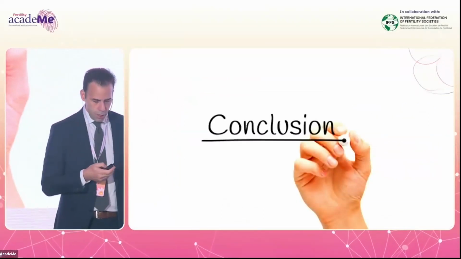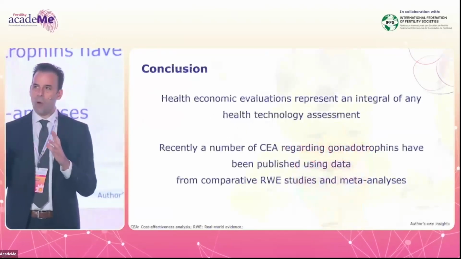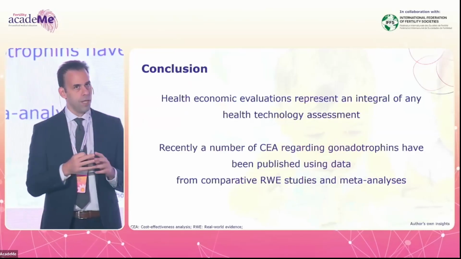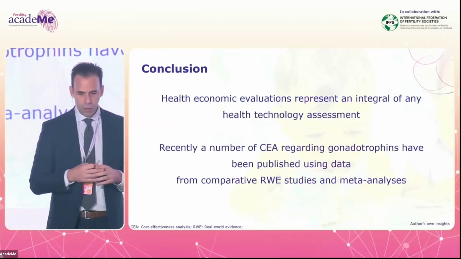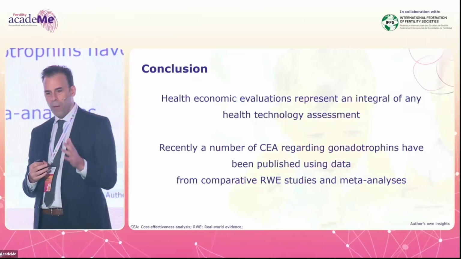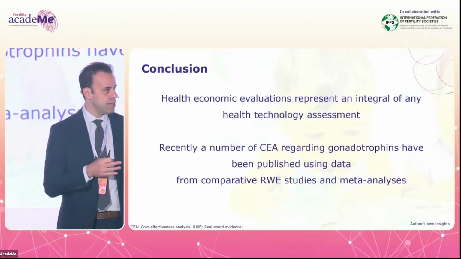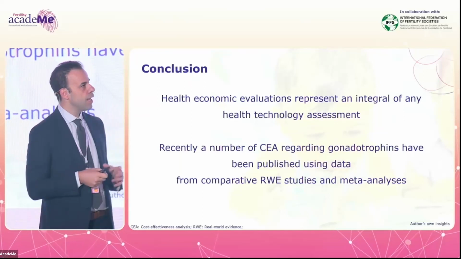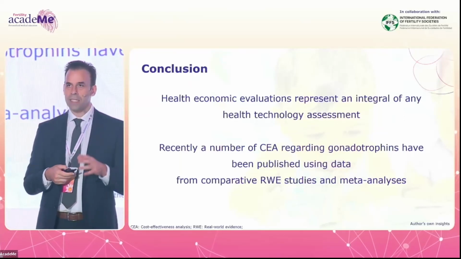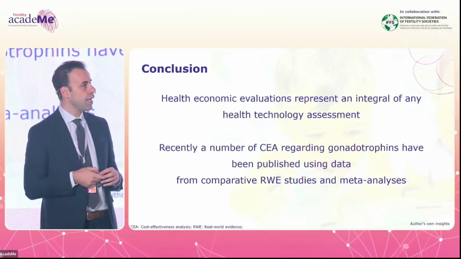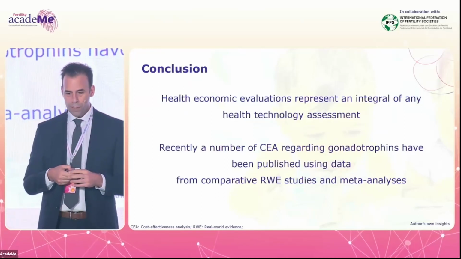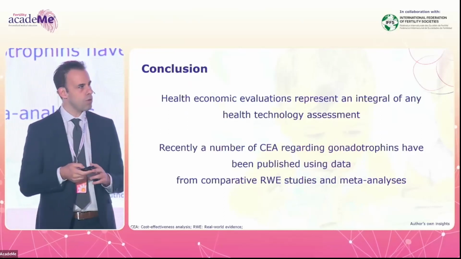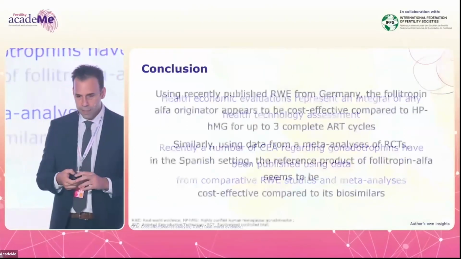So to conclude, these were just two examples of how health economic evaluations can inform our decision-making process in any setting on which gonadotropin to use. Health economic evaluation obviously represents an integral part of any health technology assessment, and recently we had a number of cost-effectiveness analyses published looking into the topic of gonadotropin selection, including data both from comparative real-world evidence studies and meta-analysis.